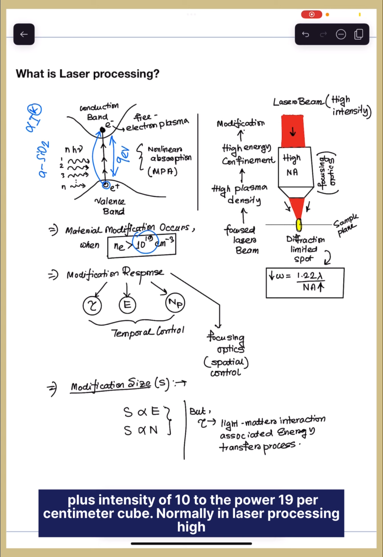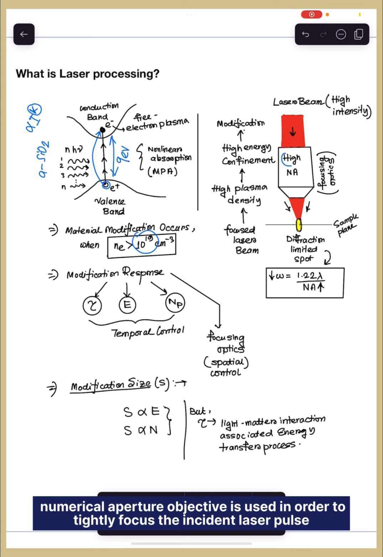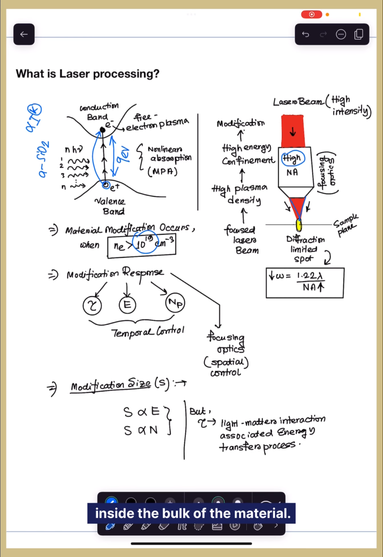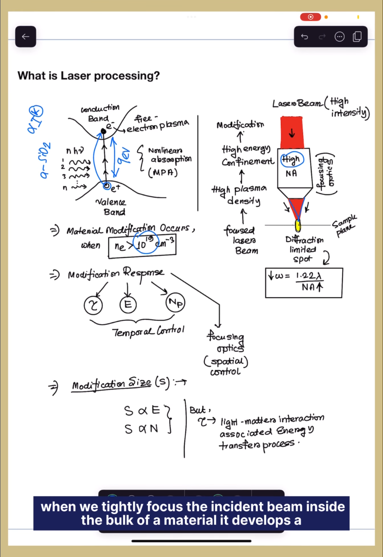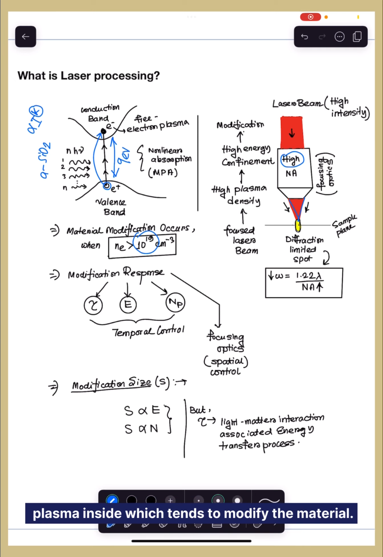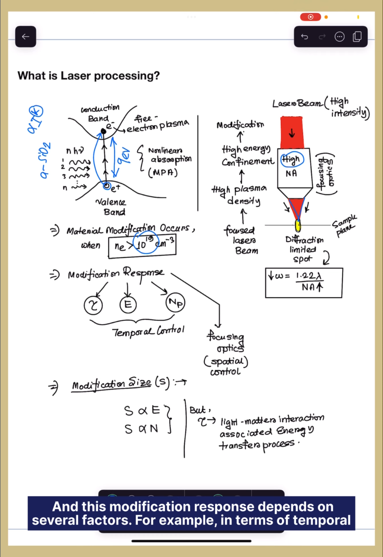Normally, in laser processing, a high numerical aperture objective is used in order to tightly focus the incident laser pulse inside the bulk of the material. When we tightly focus the incident beam inside the bulk of the material, it develops plasma inside, which tends to modify the material. And this modification response depends on several factors.